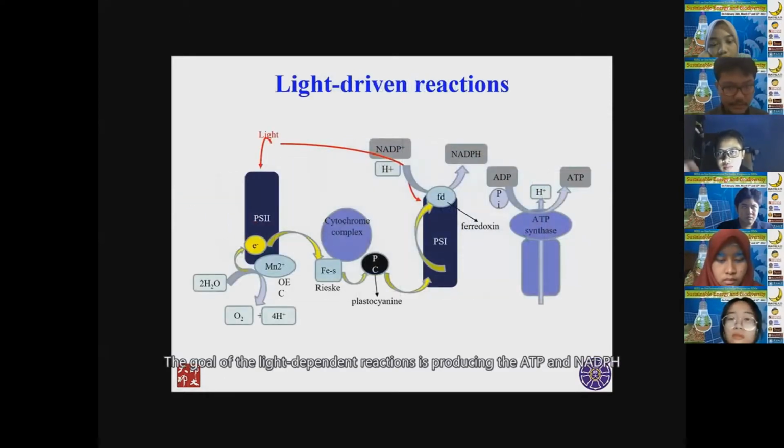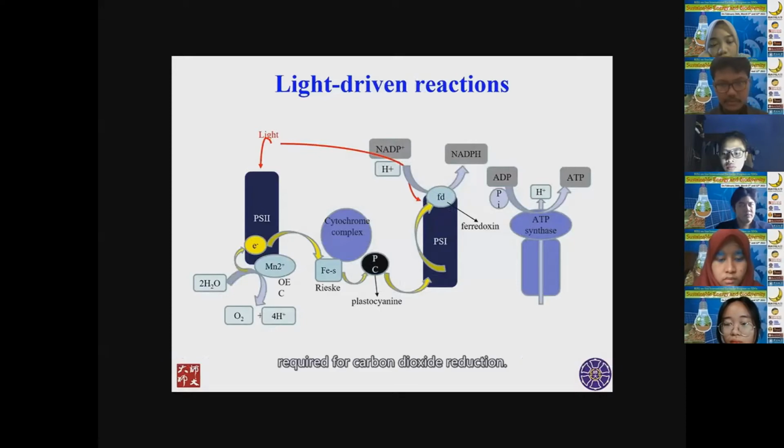The goal of the light-dependent reaction is producing the ATP and NADPH required for carbon dioxide reduction. The reaction system has 4 major components: PS2, cytochrome, PS1, and ATP synthase. They are all on the thylakoid membrane.